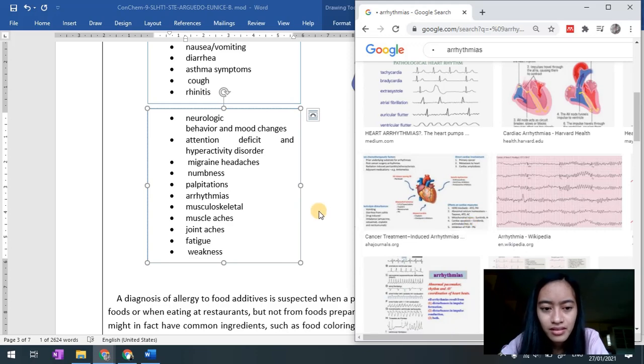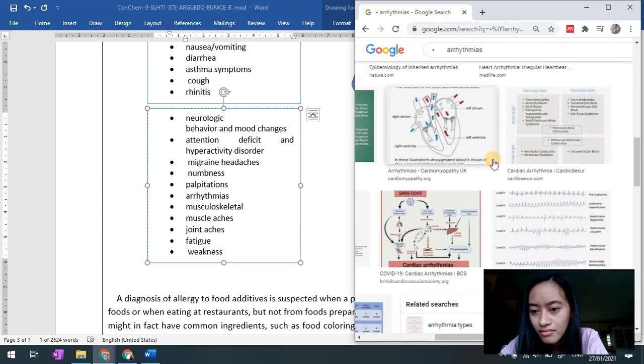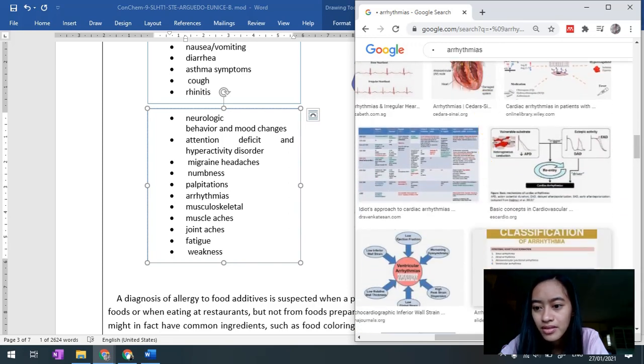Okay, musculoskeletal and muscle aches. Maybe a disturbance in the heart.